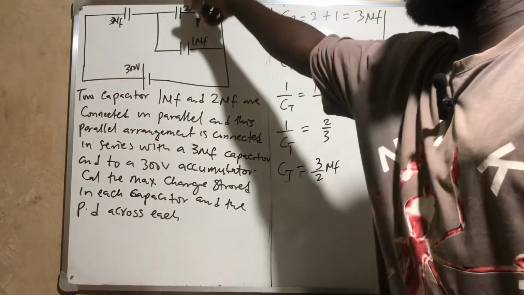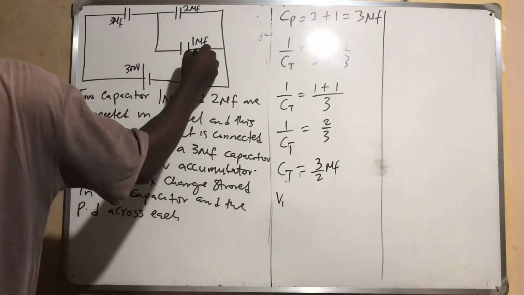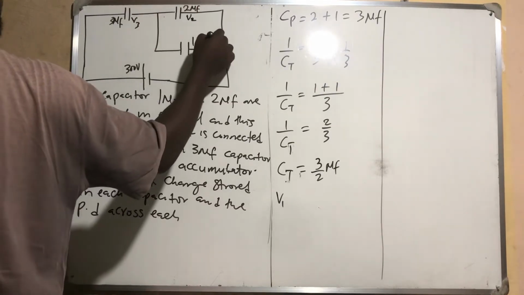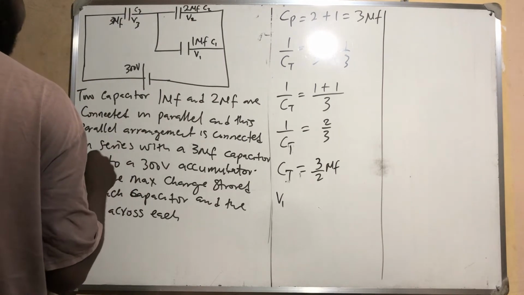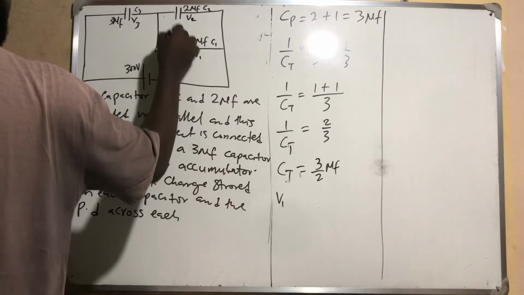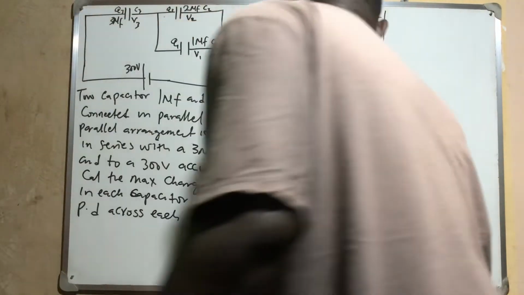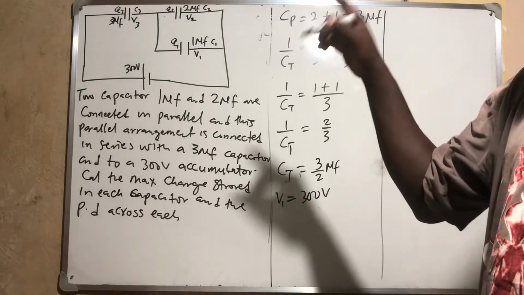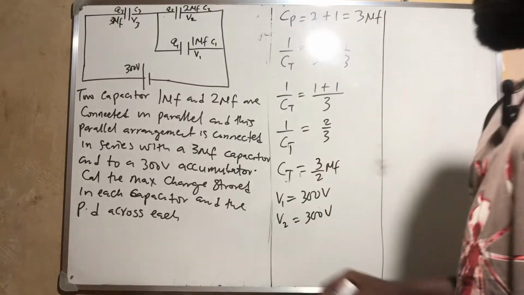Let me call this one V1, V2, and then V3. Since here is C1, C2, C3, then I have my Q1, Q2, and then Q3. For V1, V1 is simply 300 volts. We are not calculating it because they are in parallel. Another one again, V2 is equal to 300 volts. Yes, they are the same.